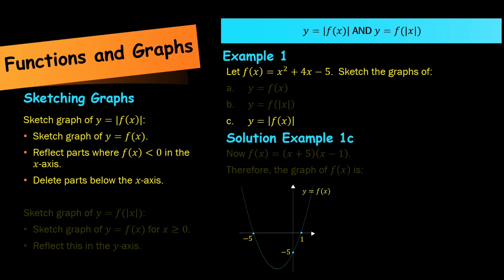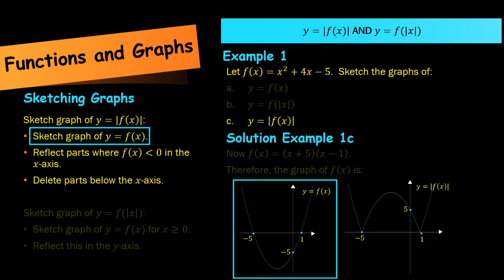For part C, we're required to sketch the graph of y equals mod f of x. So let's solve this. Again, we're required to sketch the graph of y equals f of x first, as shown on your screen. And then reflect the parts where f of x is less than 0 in the x-axis.